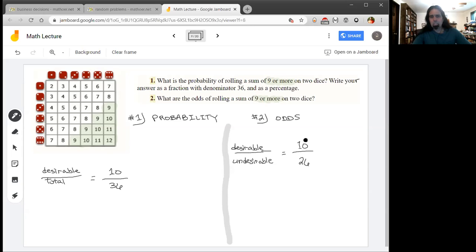So this might be done. Or if we want, we could reduce, divide top and bottom by 2. For this one, we should make it a percentage.